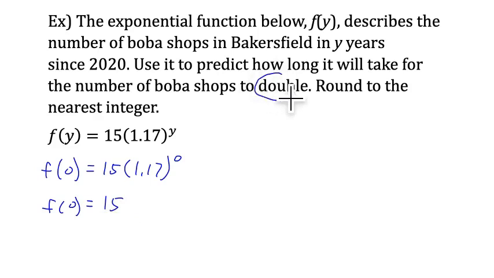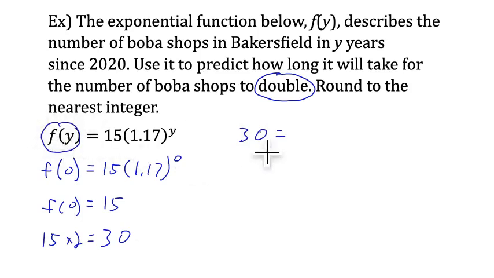All right, we are wondering how long it's going to take for the number of boba shops to double. Well, to figure out double of something, we multiply by 2. So we're wondering how long it's going to take for there to be 30 boba shops. So our output, or the number of boba shops, will be 30. That's our left side here.